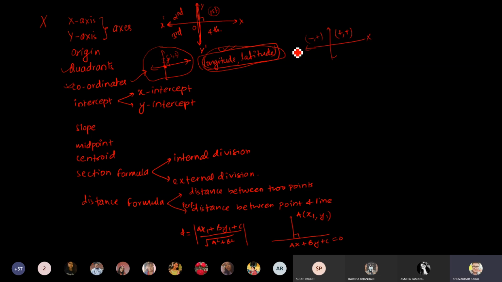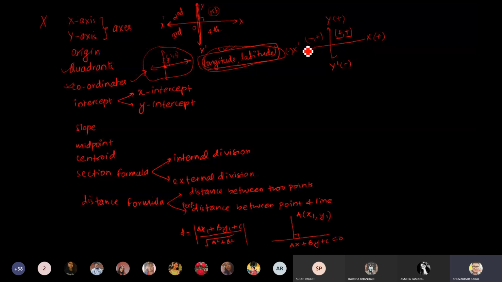This is the x-axis, so x prime means this is the positive x-axis, this is the negative x-axis. This is the y-axis, so y prime; this is the positive y-axis, this is the negative y-axis. Let's see the common region here. The first component is x, so x is positive, and y is also positive here.